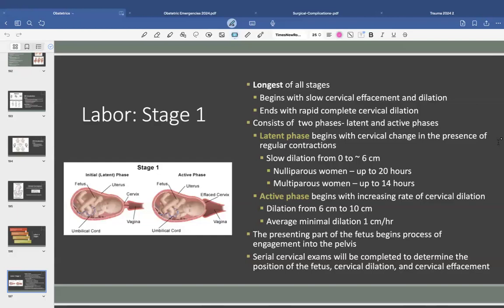The presenting part of the fetus, whether it's the foot, the head, or the butt, begins the process of engagement into the pelvis. During this phase of labor, you're going to be doing cervical exams. The labor and delivery nurse is going to be doing a lot of this, determining the position of the fetus, how much the cervix is dilated, and how much it has to go.